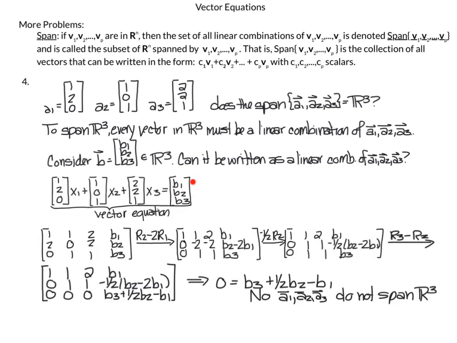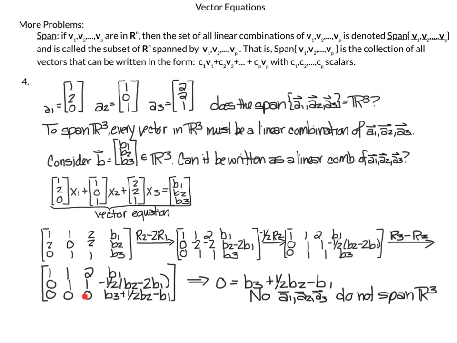And to solve this, we're solving this vector equation. Can B, B1, B2, B3, be written as a linear combination, x1 times our first A1 vector, x2 times our A2 vector, plus x3 times our A3 vector? Does this vector equation have a solution? So we look at the related system of equations here, where we take our first vector, our second vector, our third vector, and then our B vector.